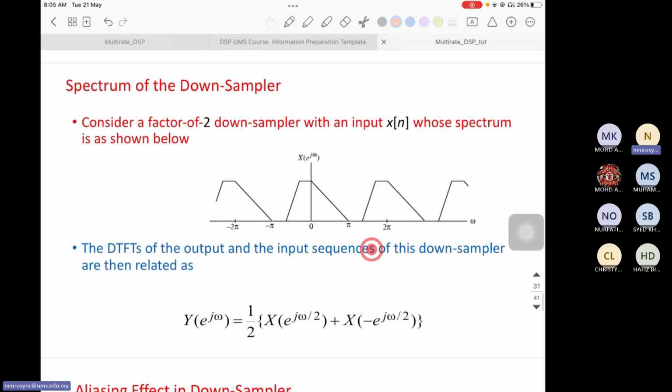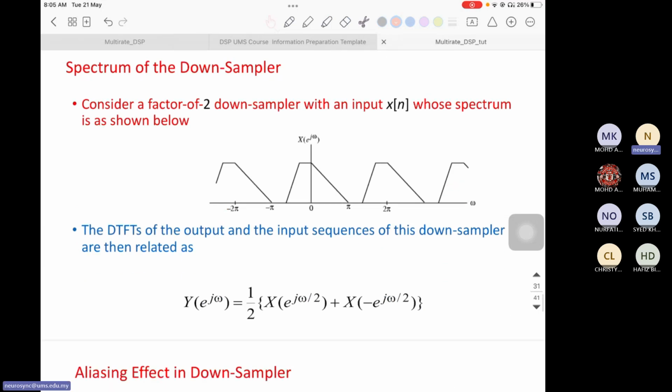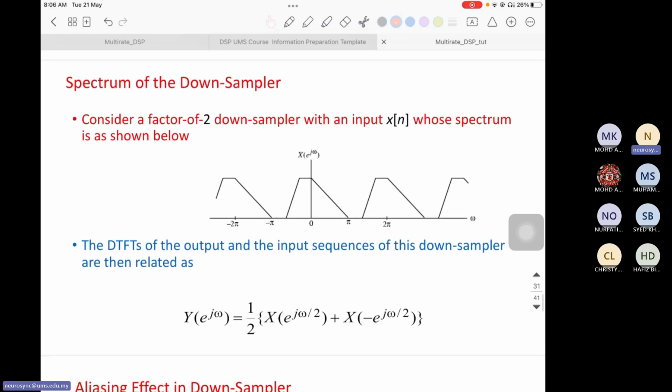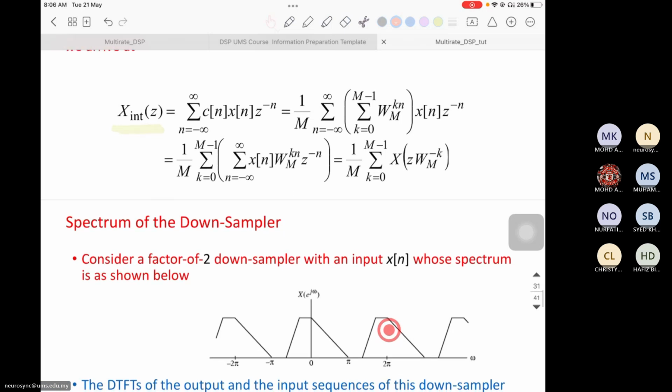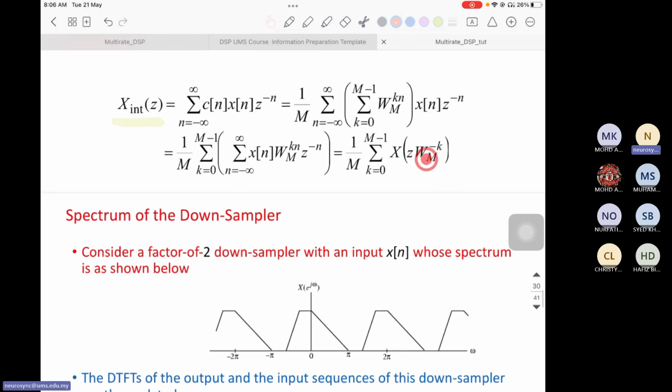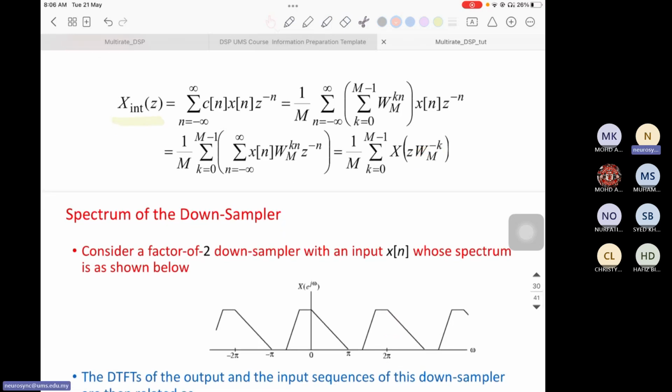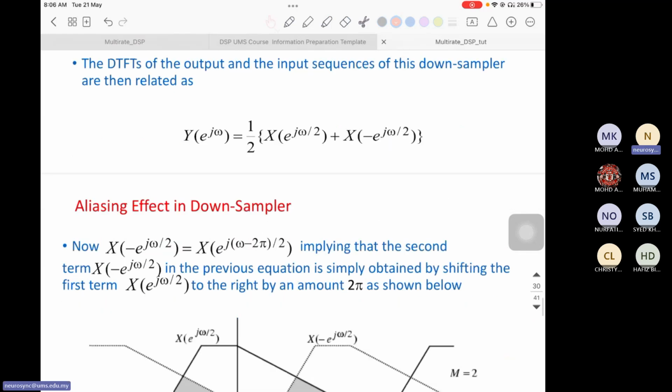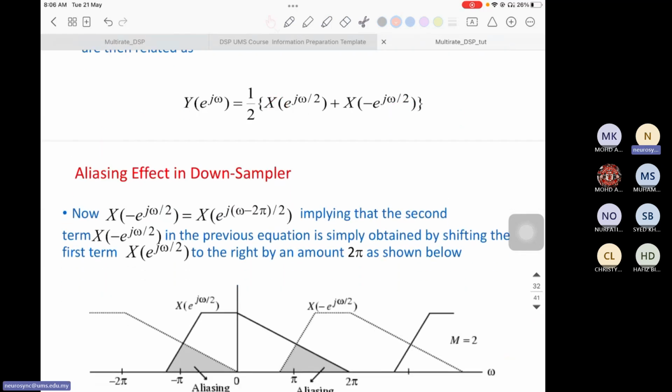So if I do this downsampling, I can say the DTFT of this output I can write like this: Y of e to the j omega is nothing but 1 by 2, X of e to the j omega by 2 plus X of minus e to the j omega by 2. Why? Because this W_M factor is here. Okay. So this can be written like this.